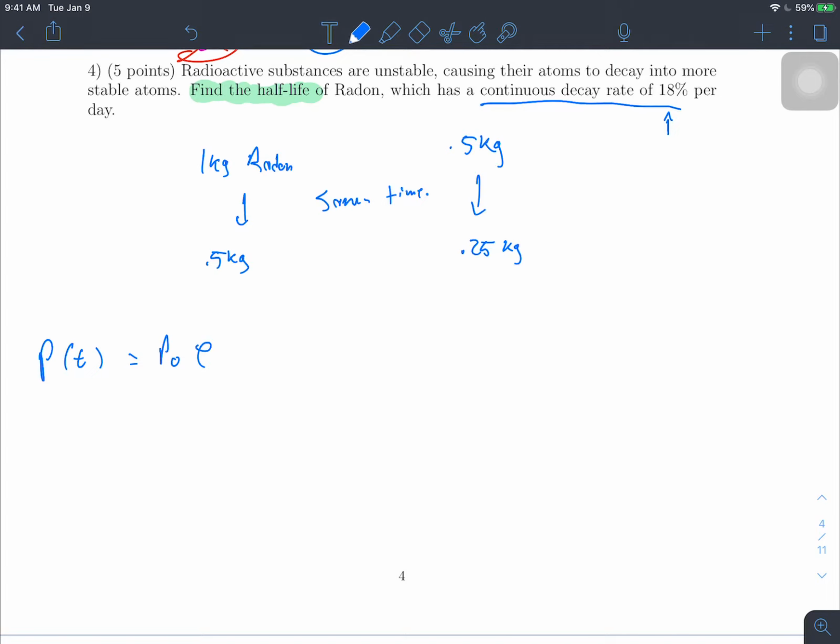Okay, and what we want to do now is find the value t, which will cause the left-hand side to be half of our original value.